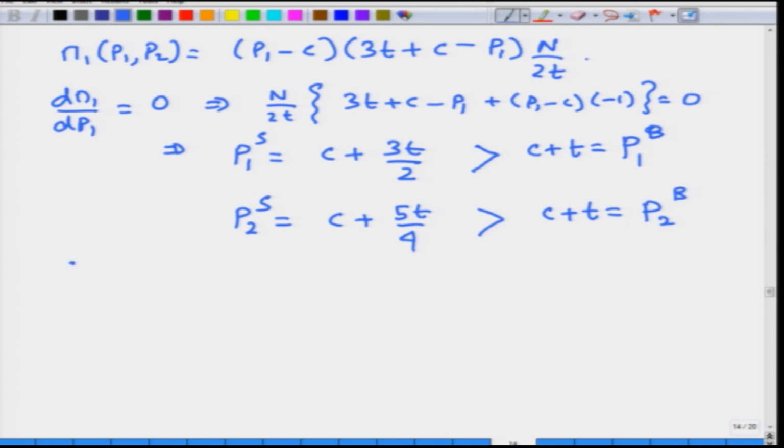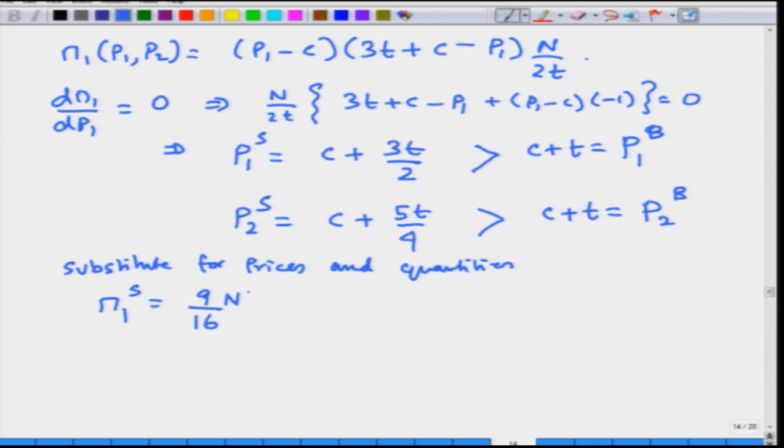If we substitute for prices and quantities, we will find that the profit of firm 1 turns out to be 9 upon 16 n times T. This is just simple algebra, and the profit of firm 2 is going to be 25 over 32 n times T.